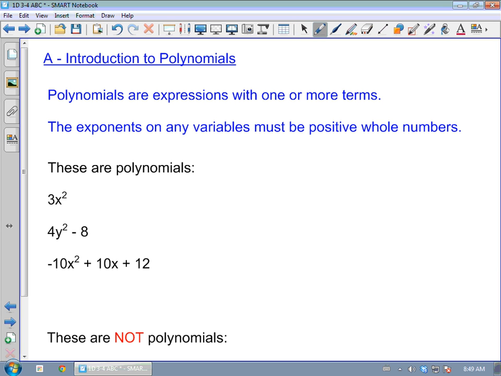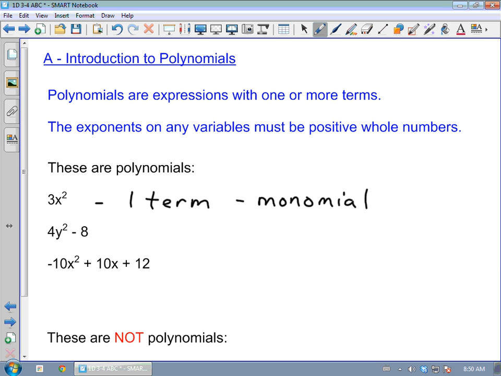The first one here is 3x squared. This has 1 term in it. If a polynomial only has 1 term in it, we give it a special name. We call it a monomial. Mono meaning 1, and the rest comes from polynomial, I guess. So a monomial only has 1 term.